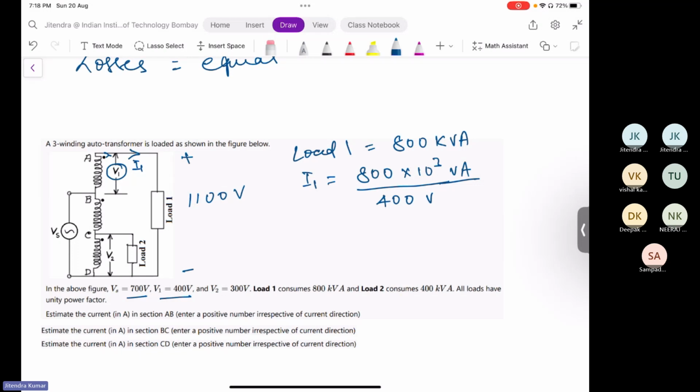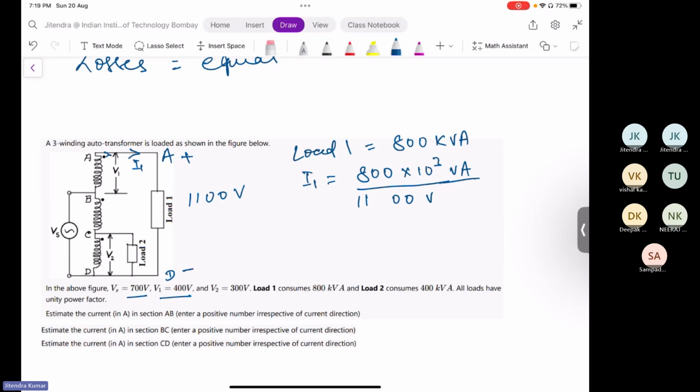Sir, the rating of the winding AB is not given. Load 1 is given as 800 kVA, but the kVA rating of the AB winding is not given. So we have to take the voltage of the entire winding A to D, so we will have to take 1100 volt, because that current is going into load 1 and the load 1 kVA is given, not the winding AB kVA.